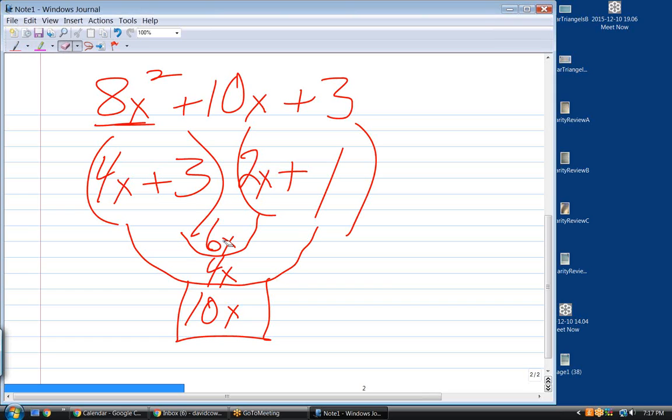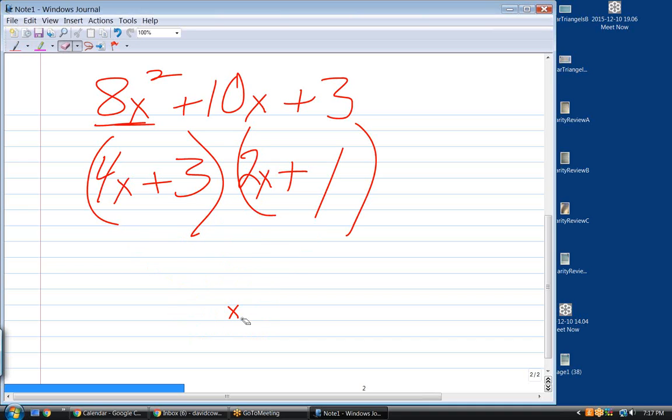And I was taught that it has to multiply to your middle term and add to your last term. No, that's true if this coefficient is 1. But if anything but 1, you cannot use that method. In other words, you can start these with those first two steps, separating your x squareds and determining both signs. But after that, it's all trial and error.